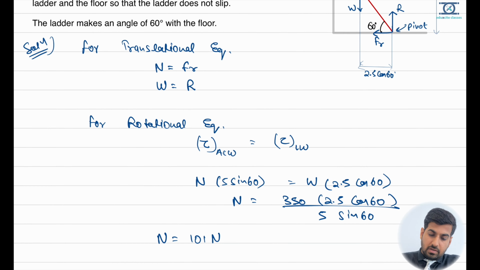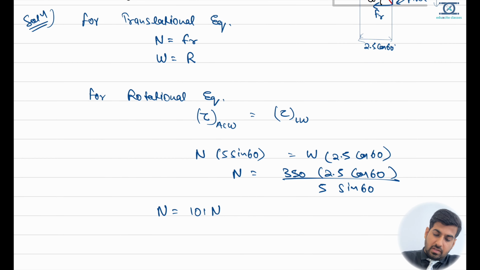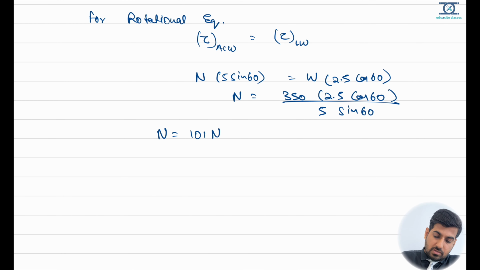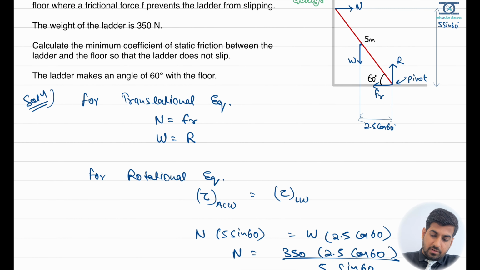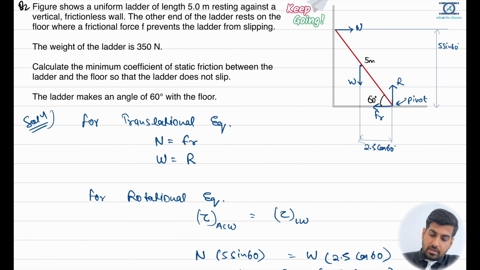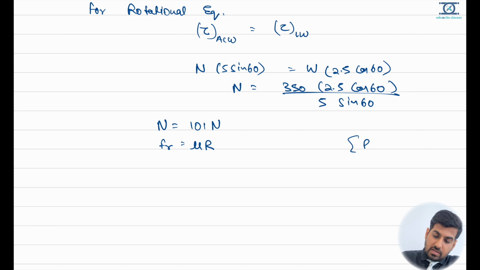Now this 101 Newton is equal to the friction, and friction is equal to mu times R, where the coefficient of static friction is what we have to find out, and R is equal to W. So R is equal to 350.